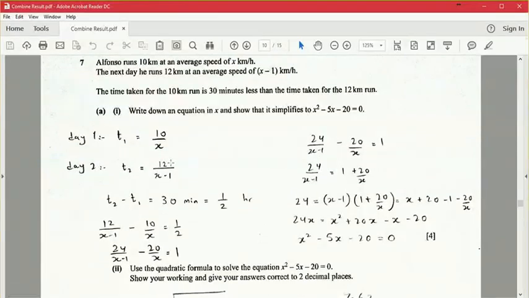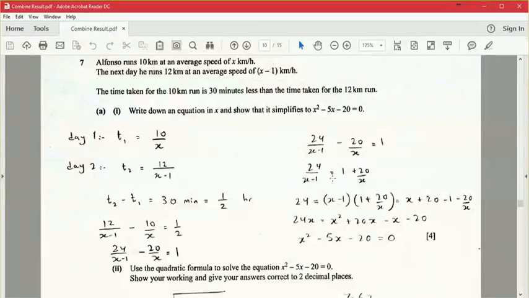Then we'll use the two equations, these two here, t2 for 12 over x minus 1 minus 10 over x equals half an hour. And we'll get the equation like this. We'll just multiply by 2 to get here 12, it's 24, and 10 will become 20, and here it will be 1.